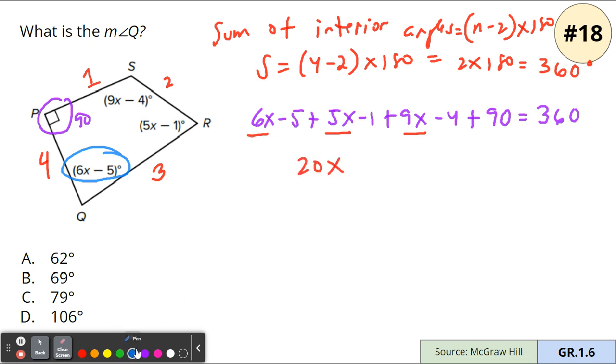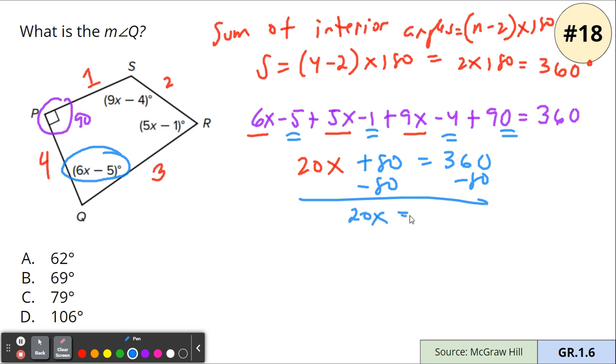Adding all our constants, negative 5 minus 1 minus 4 is negative 10, plus 90. That will be 80 equal to 360. So we subtract 80 on both sides. So you have 20x is equal to 360 minus 80.